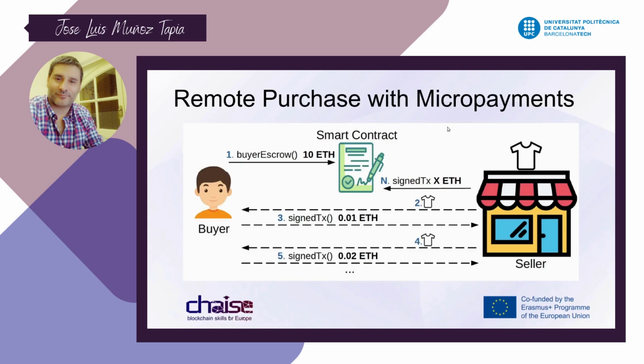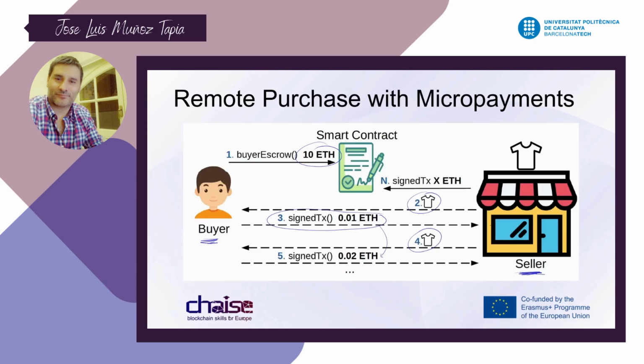For example, suppose that I'm going to buy multiple t-shirts from a seller. I'm a buyer. What I can do is deposit a certain amount of ether here, 10 ethers for example, and then we start some interaction with the seller. I buy different products from this seller, and each time the seller gives me one of these products, I send a signed transaction, increasing the amount of money each time.